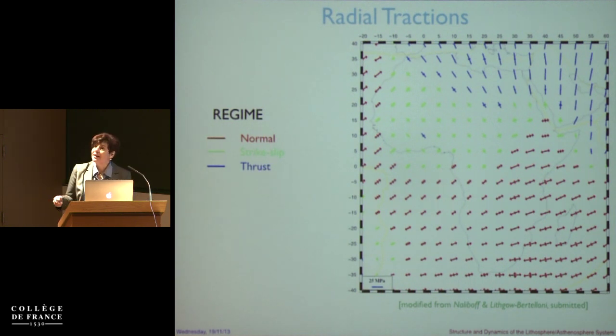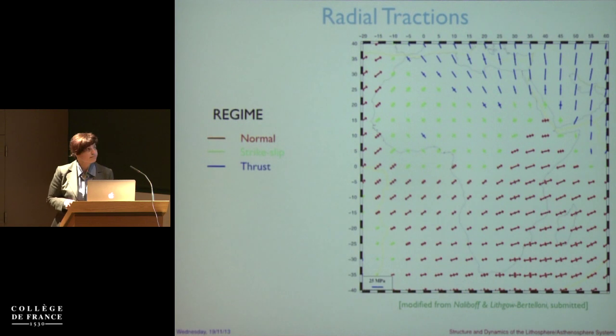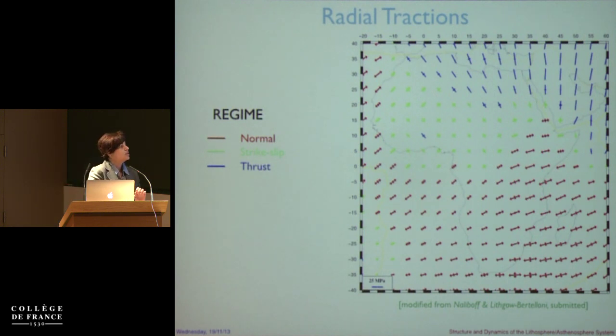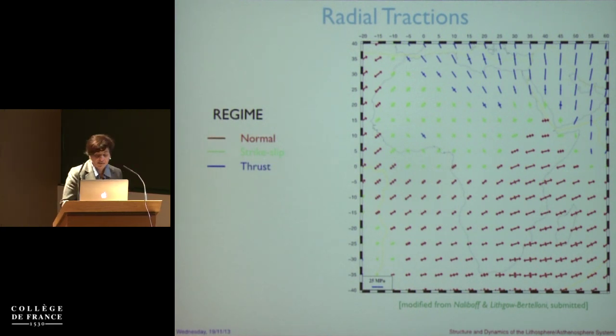Now, not unexpectedly, because we're predicting a big upwelling and mantle flow there, you actually start predicting extension. Okay? If you combine the radial tractions with the horizontal tractions, you will see that, in fact, it is the dynamic topography, those radial tractions, that dominate the regime determination. Even though the magnitudes are actually slightly bigger as well.